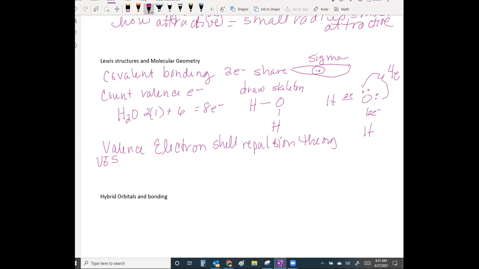There's a P in there somewhere. Electron pair. So it must be valence shell electron pair. So it's VSEPR. And what that says is the electrons want to be as far apart from each other as they can.